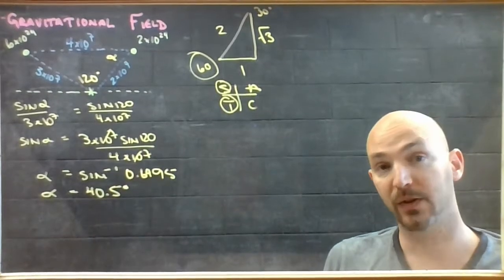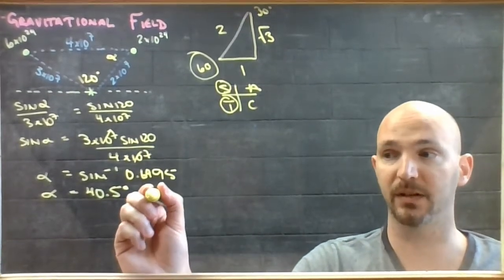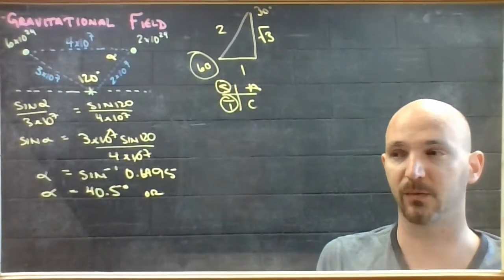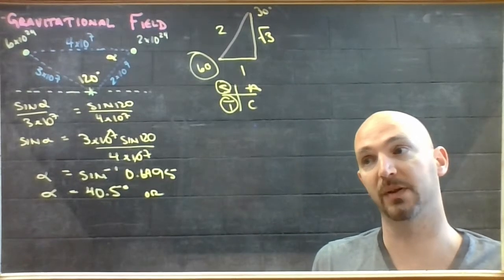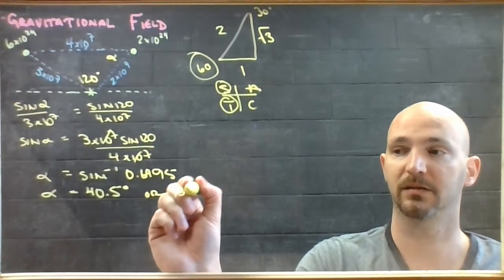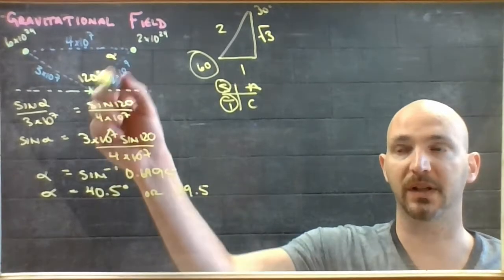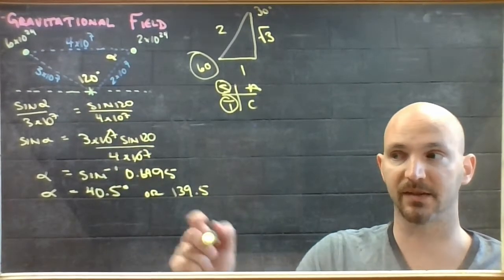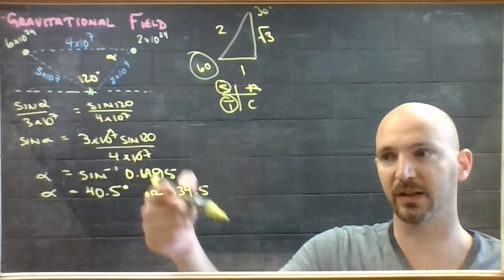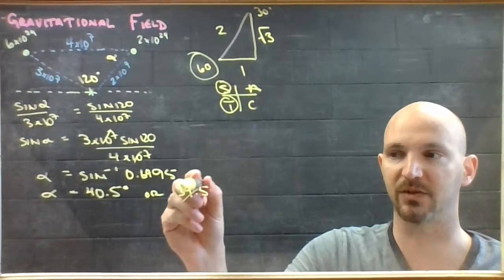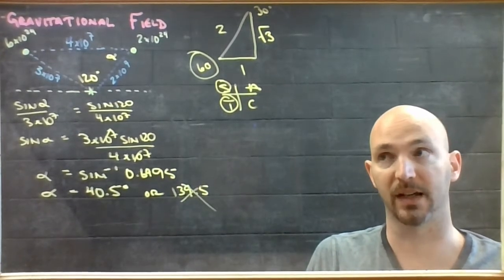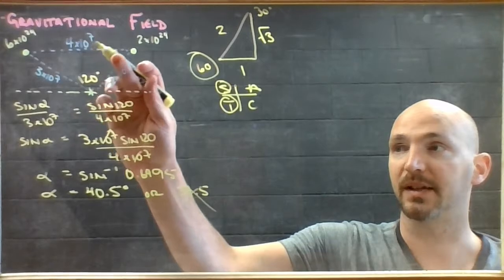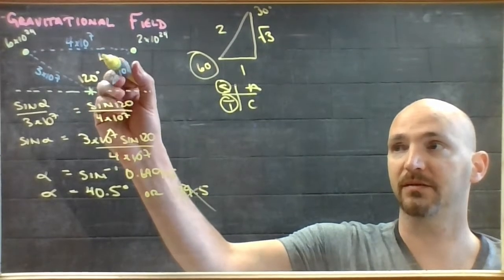When you arc sine, you get two answers. The other one, of course, is the one up in this quadrant, which is 139.5. But I've already used up 120 degrees, so there isn't enough left. 120 and 130 would be 250. That's too much. So I can discard that option. So this angle up here is 40.5.